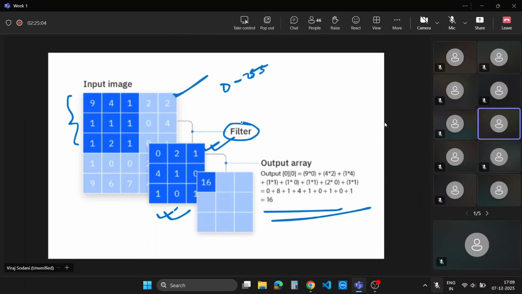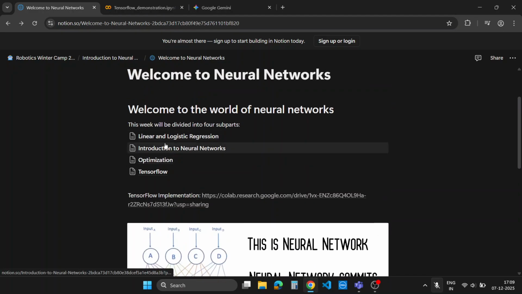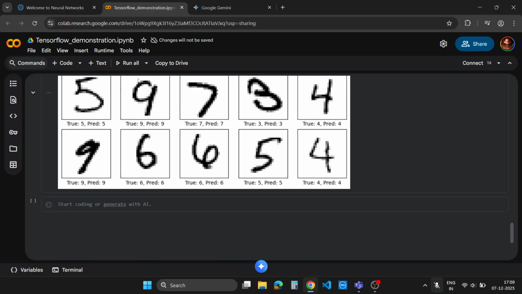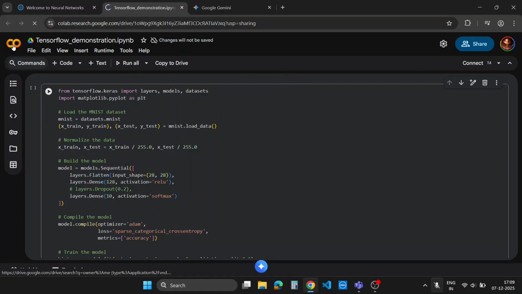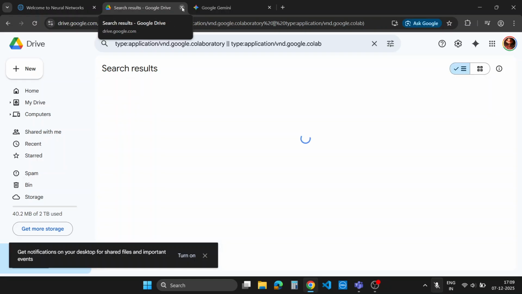So all the filters for the corresponding pixels would be different. But just for an example case, I have applied this filter. So you can see that this 5 cross 5 matrix is now compressed into a 3 cross 3 matrix, and according to the filter, we get the output.